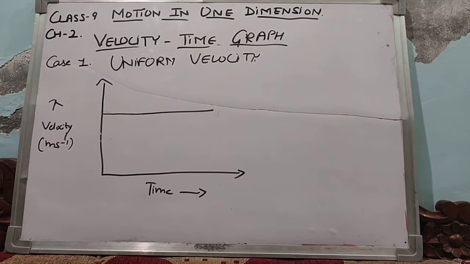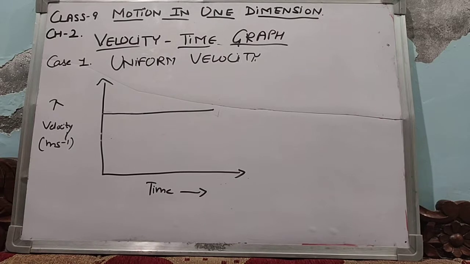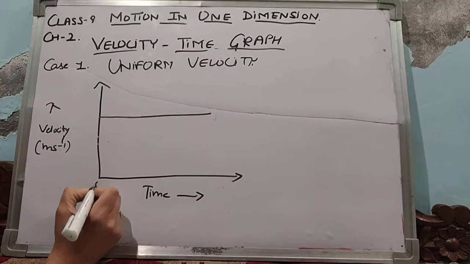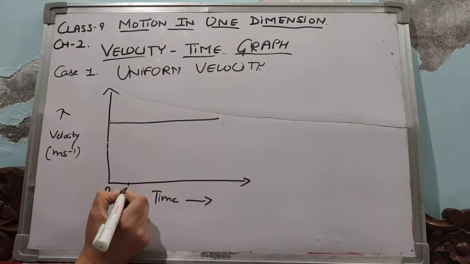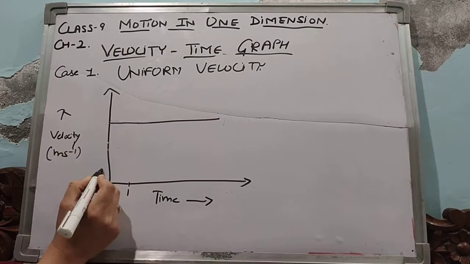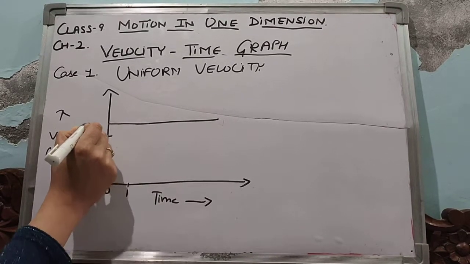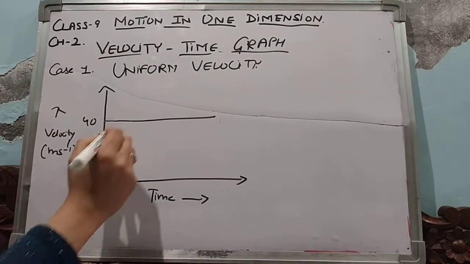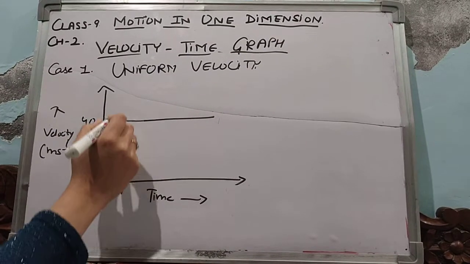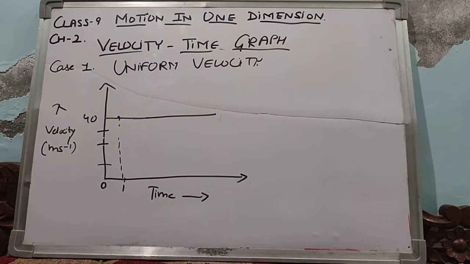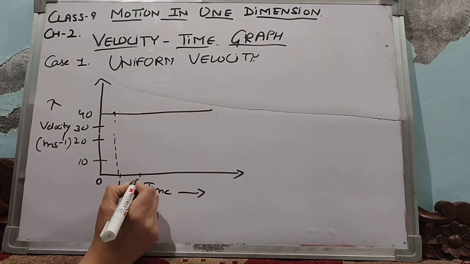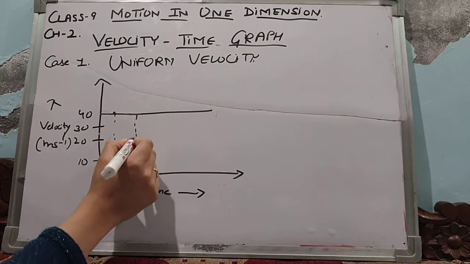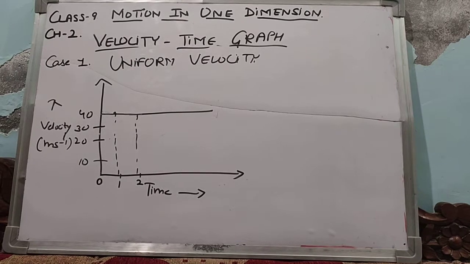Now I'll explain you how it comes out to be a straight line parallel to time axis. Let us say that the body is moving with certain velocity, and let us say that at time t equal to 1 second, the velocity of a body is 40 meter per second. Then as time increases, at 2 second, again the velocity is 40 meter per second.